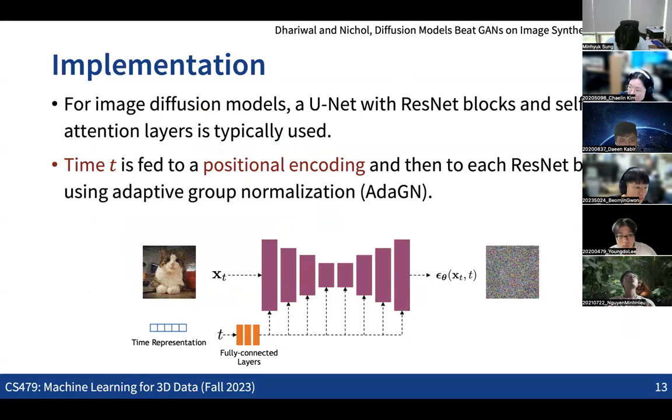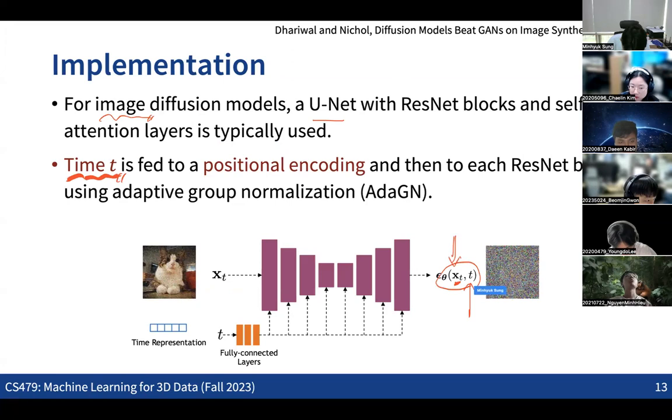Implementation-wise, there are also multiple design choices that we can make, especially for the neural net design. For the image diffusion model, you can use any kind of architecture. But typically, the architecture that people use is the UNet with some ResNet blocks and also some self-attention layers. And then we also feed in the time t information. So this is our noise predictor, taking the perturbed, noisy data here, and also the time step.